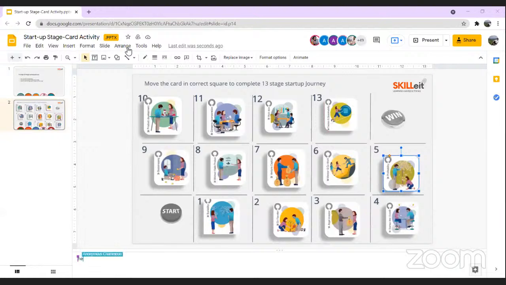I cannot see the option of breakout room. Yes, I'm also not getting any. I am also not able to see the option. Yeah, now you can all see.